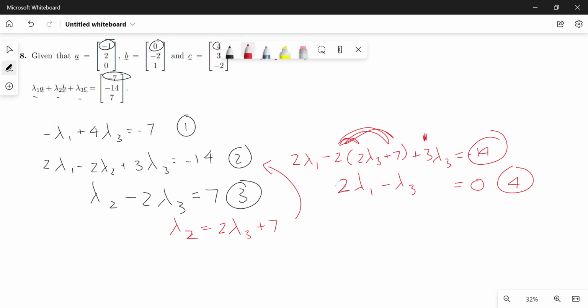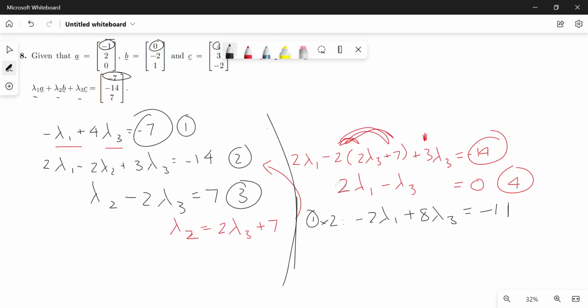Now if I go back to my equation 1, you can see it has lambda 1's and 3's, but let's double it. Take equation 1 and double it, what would we get? We'd get a -2 lambda 1, a positive 8 lambda 3, and doubling that -7, we would get a -14.